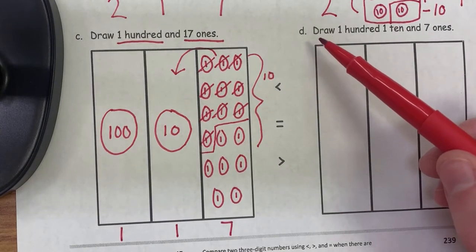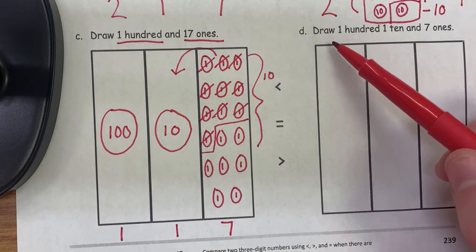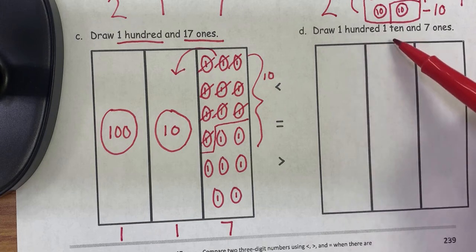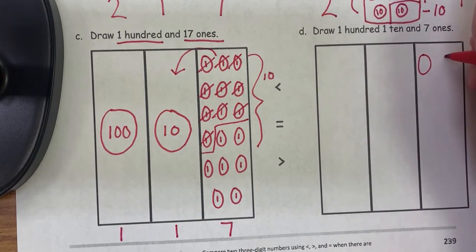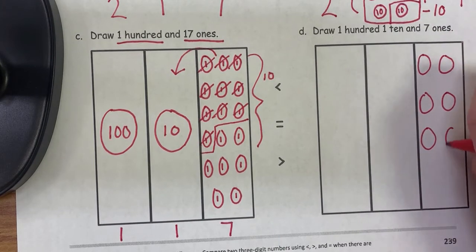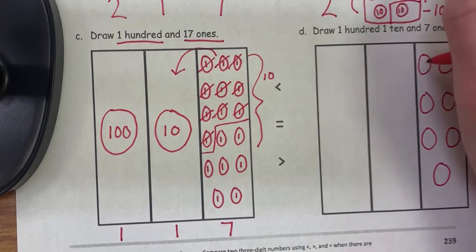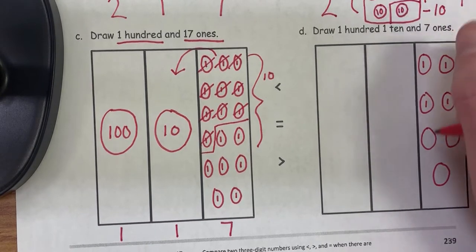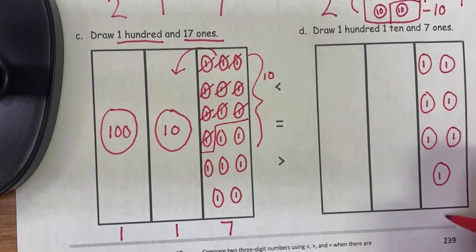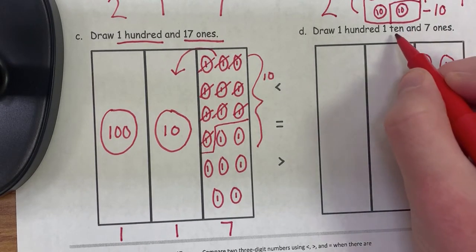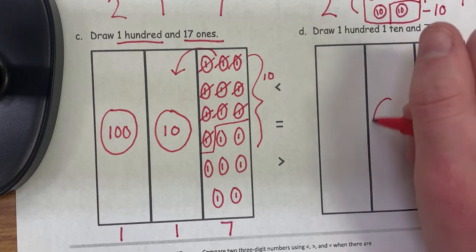All right, so now let's look at D here. So D asks for us to draw 100, 10, and 7 ones. So this time we're going to draw 1, 2, 3, 4, 5, 6, 7. Again, label each of them 1. So we had 7. Now we have 10.